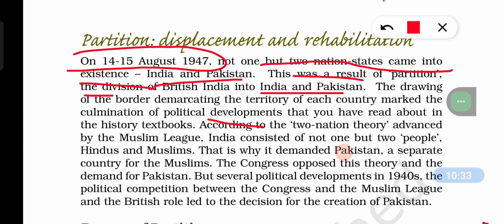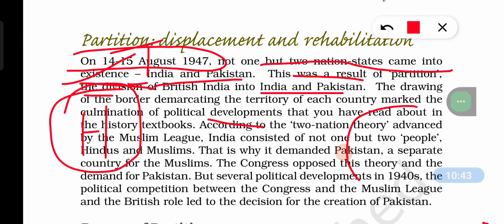If the majority in a particular place were Hindus, that place was known as India.